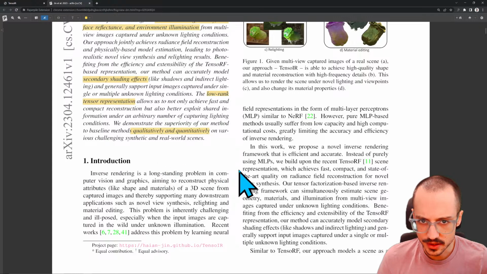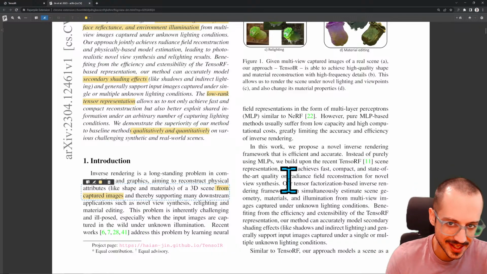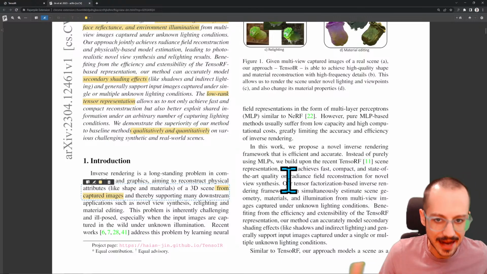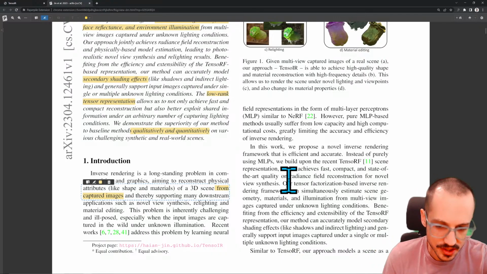Inverse rendering is a long-standing problem, aiming to reconstruct physical attributes of a 3D scene from captured images. Yeah, so right now, the way you do NERFs is you have to capture a bunch of images, usually with a cell phone camera, of some kind of object or some kind of scene, and then you run this optimization process where you're training a neural radiance field, right? You're pushing gradients into this little multi-layer perceptron that starts to capture the scene and the way that it looks from all these different angles.